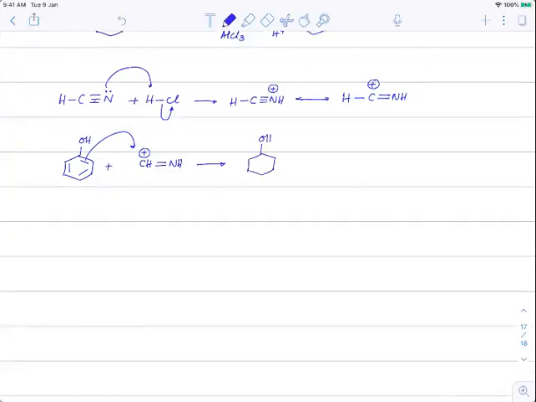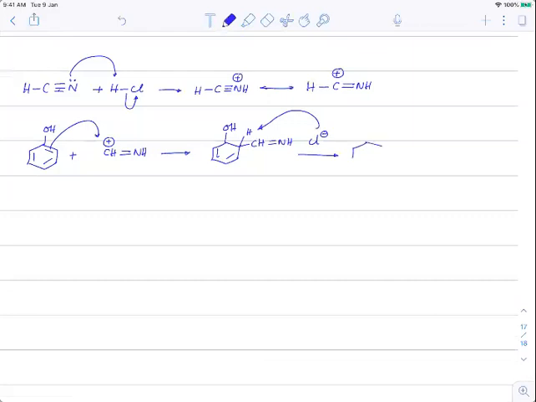So we will get phenol with CH double bond NH. And then Cl minus, which has come out, will accept this H plus, retain the aromaticity. So aromaticity has come back here. So the ring has become aromatic. You have CH double bond NH.